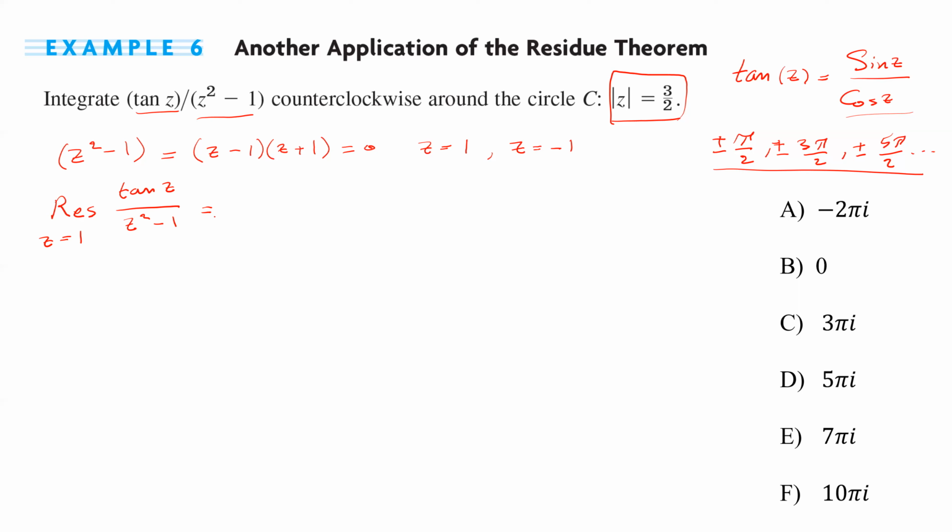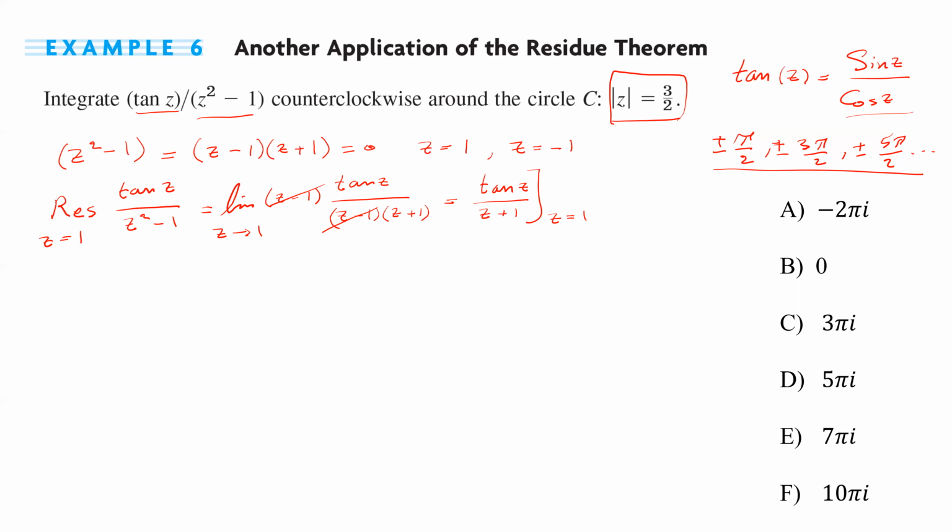But I think at z equal to 1, calculating is better. Limit of z minus 1 times tan of z over z minus 1 times z plus 1 as z goes to 1. This cancels out, so it becomes tan of z over z plus 1 evaluated at z equal to 1.